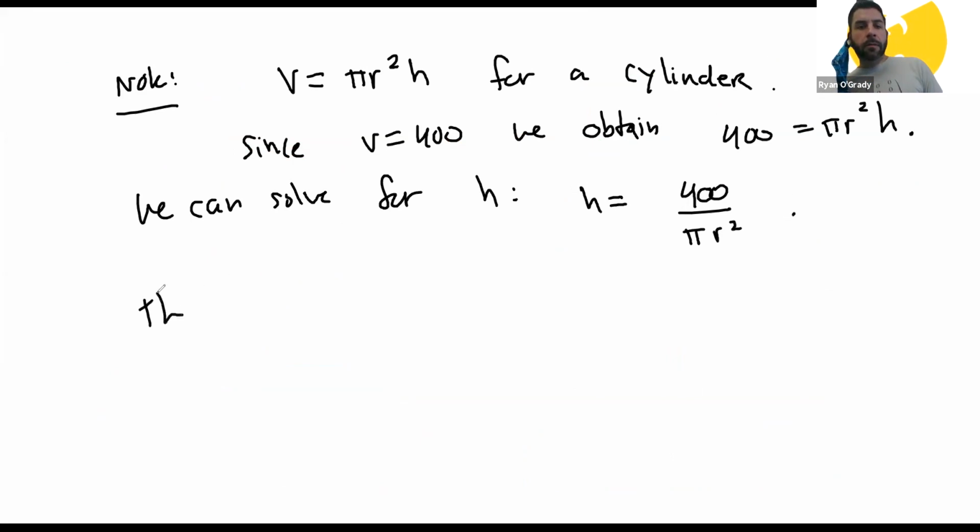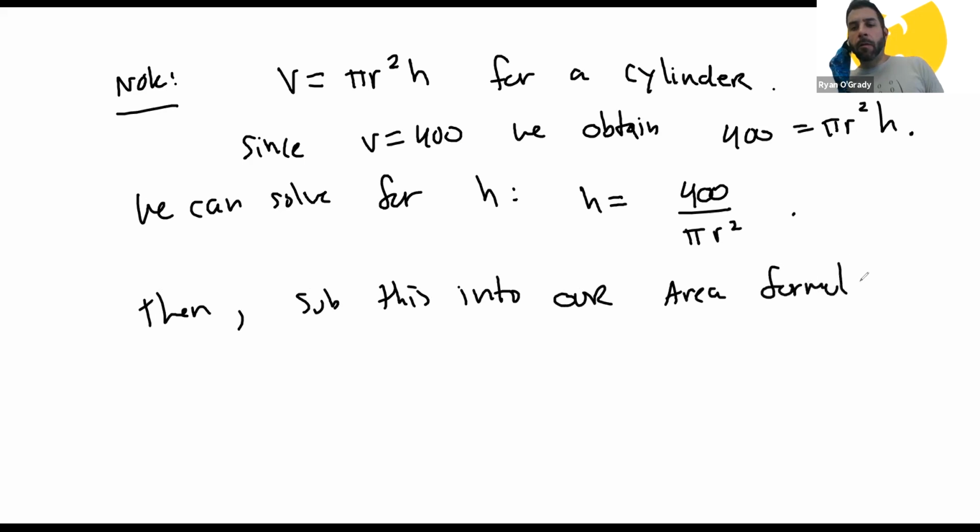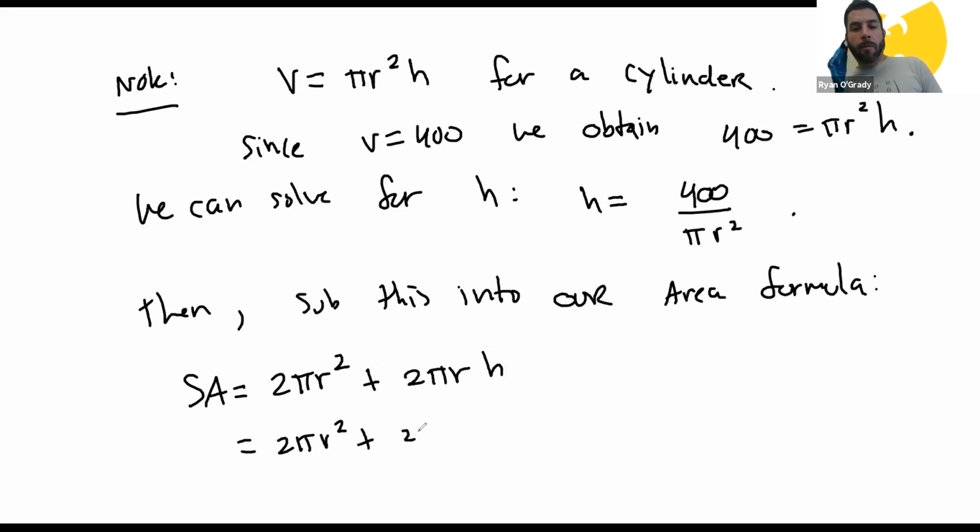So then sub this into our area formula. Our area becomes 2 pi r squared plus 2 pi r, and instead of h, I plug in 400 over pi r squared.